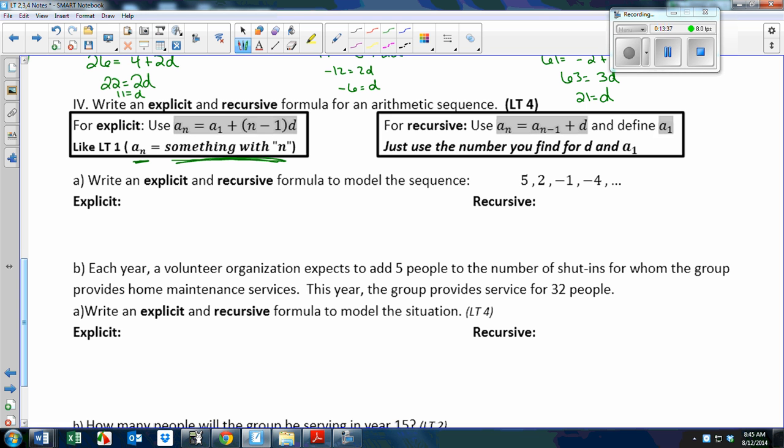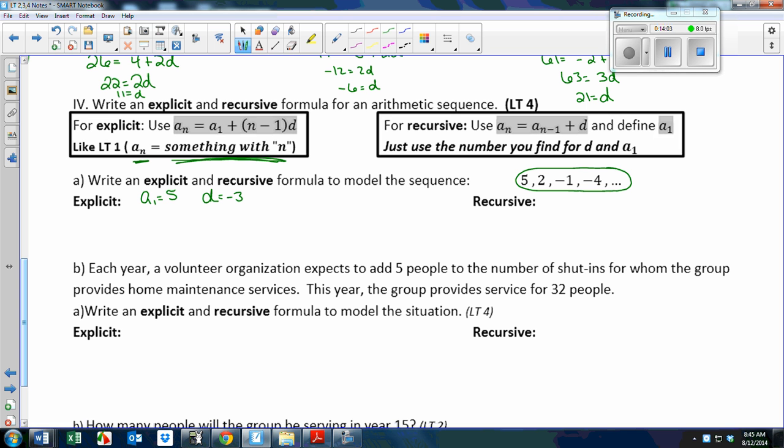Identify your a sub 1, the starting term, and identify what you're adding each time and plug them in. So your pattern, over here to the right if you didn't see that. The a sub 1 is 5, and the d is 5, 2, negative 1. It's negative 3, right? You're subtracting 3.